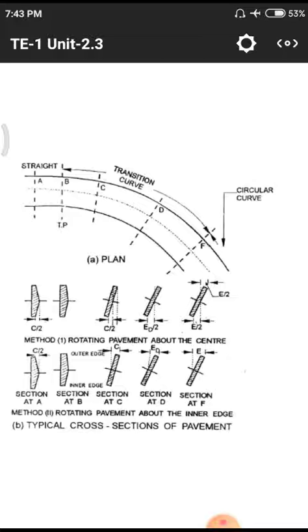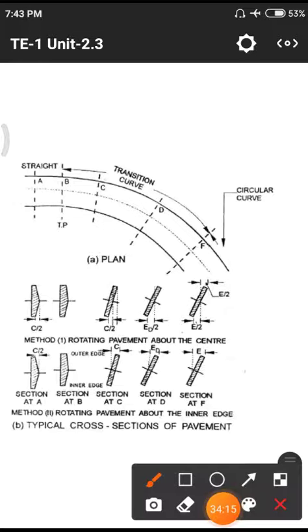Typical cross sections of the pavement with respect to the inner edge. This is the particular pavement. In the previous diagram we used some small lines to denote the inner and outer edges, but here we have both: this is the inner edge, this is the outer edge.